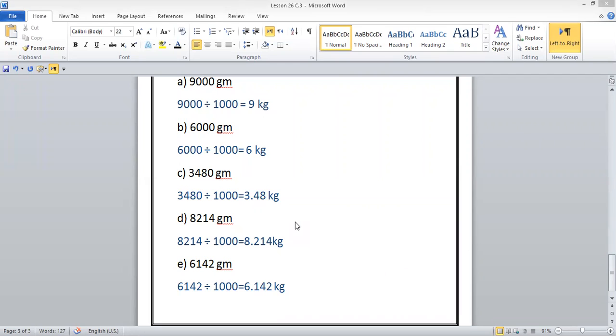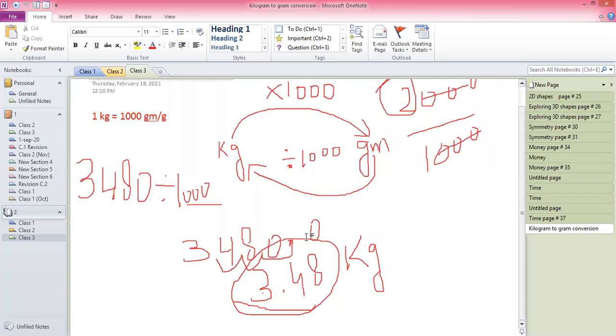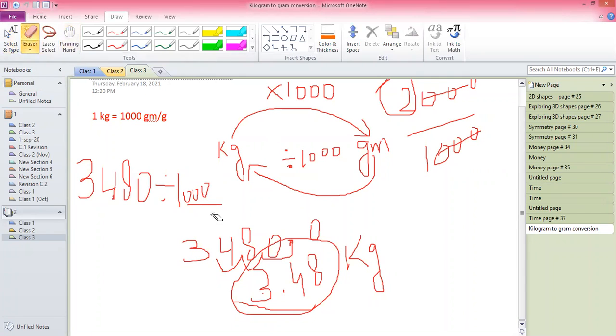Okay, then let's move to the new screen, the board. I will show you there. Just wait for a while. Now we are here on the board.